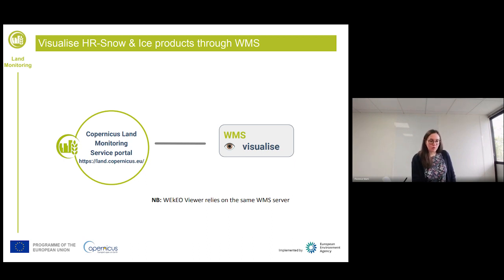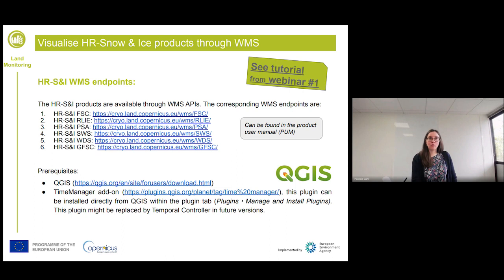And so for each product, we have a WMS flux that you can add to your QGIS. And in the previous webinar, actually the first webinar, we dedicated a large moment to explain how to visualize the WMS layers in QGIS. If you're interested, those slides will be shared, and you will find the link to this tutorial.